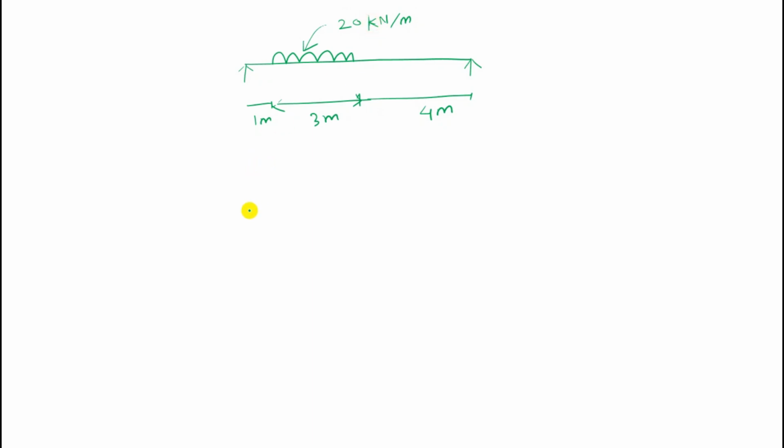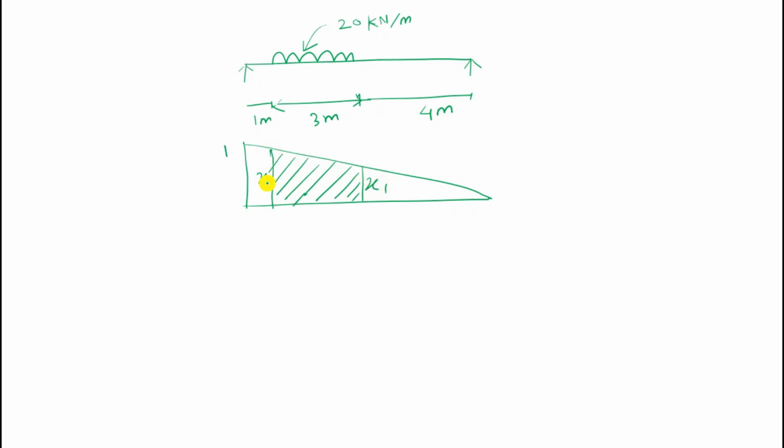So now calculate the reaction. This is 1, and we have to find out the area of this particular portion. So if this is x1 and this is x2, so this distance is 4 meter, and total distance is 8 meter.